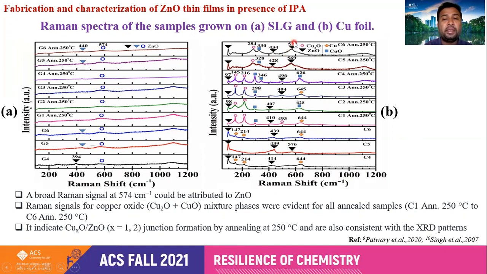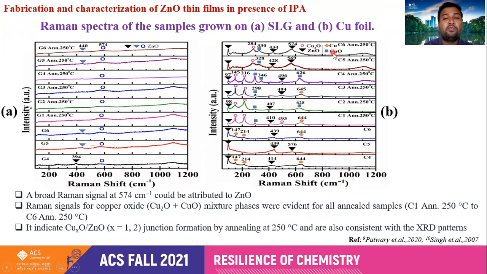We see peaks at 574, 569, 434, 428, 496, 494, 407, 410, 439, and 414, which confirm the presence of the zinc oxide phase, and peaks at around 284, 216, and 145, which confirm the presence of the cuprous oxide phase, and peaks at 330, 328, 346, 298, and 626, 628 confirm the presence of the cupric oxide phase.